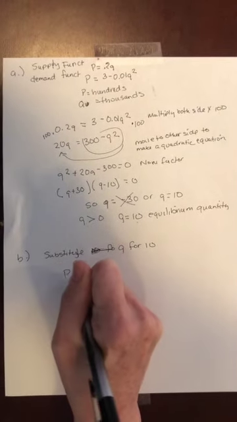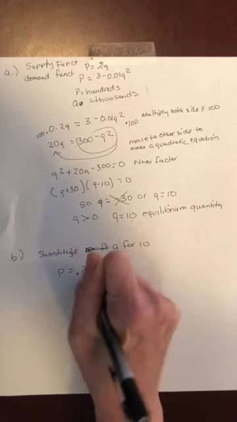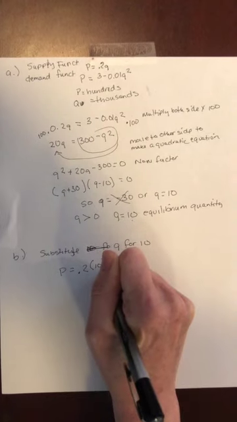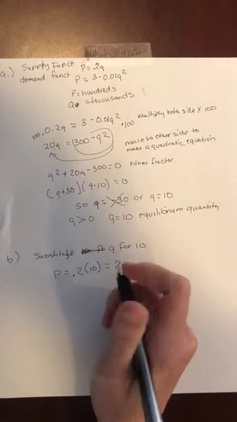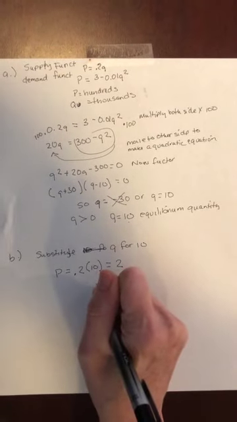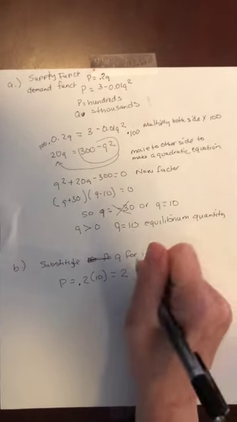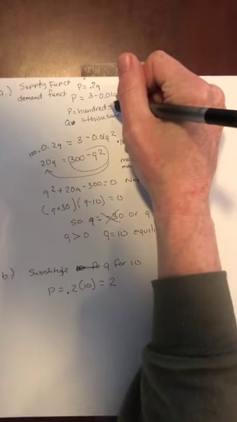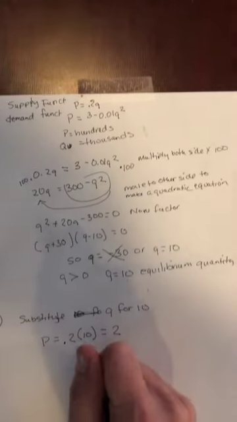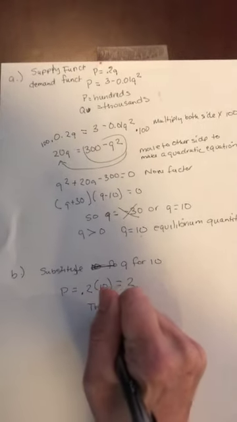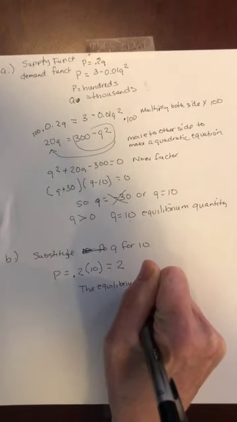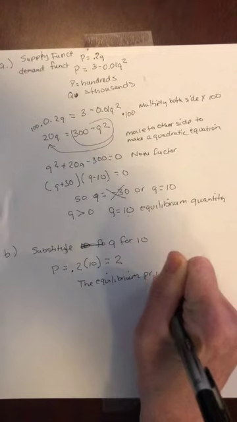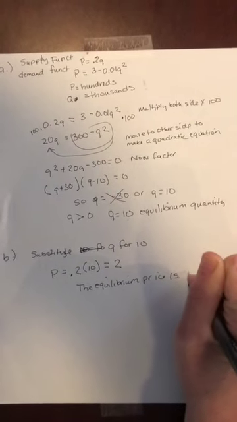So P is equal to 0.2 times 10 equals 2. And because we remember up here, the price is in hundreds, that means the equilibrium price is 200.